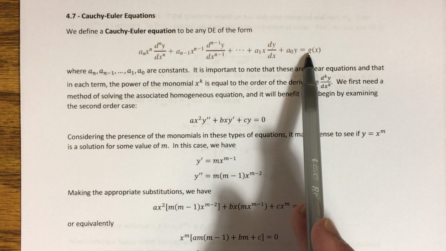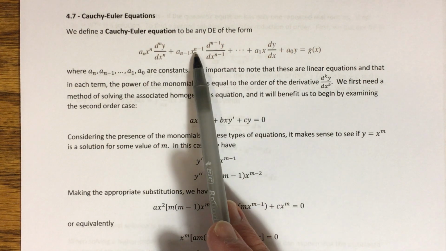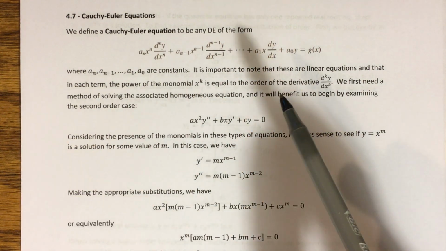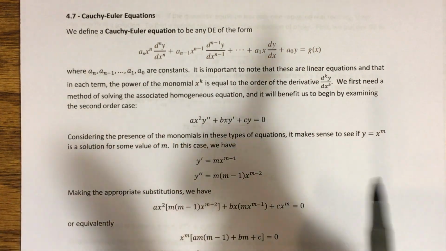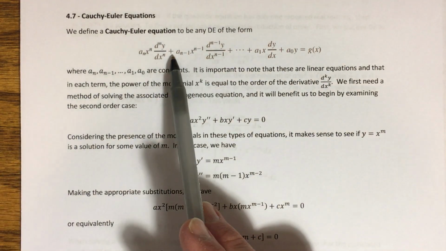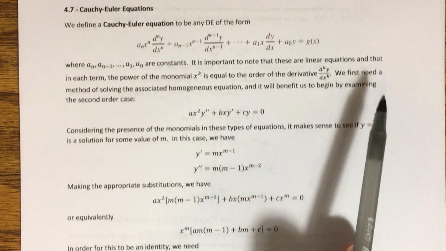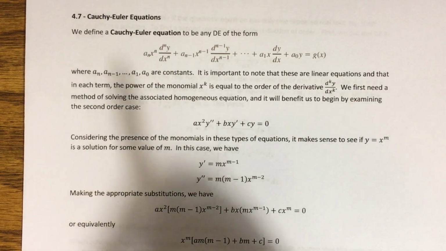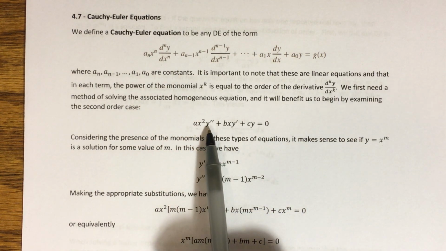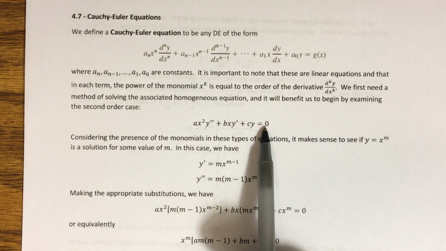And in the non-homogeneous case, we know that we would have to begin by finding a complementary solution. So we would need to be looking at the associated homogeneous equation for this by setting that equal to 0. And so we're going to focus on that first, and to keep things manageable, we're going to focus our attention for the most part on second order equations.